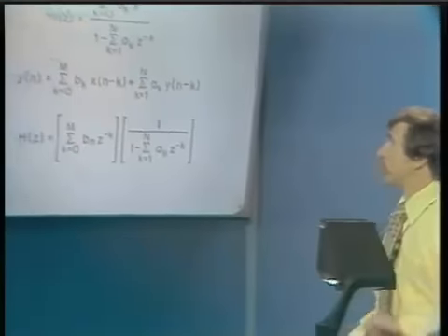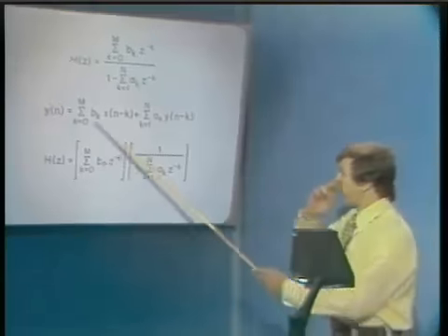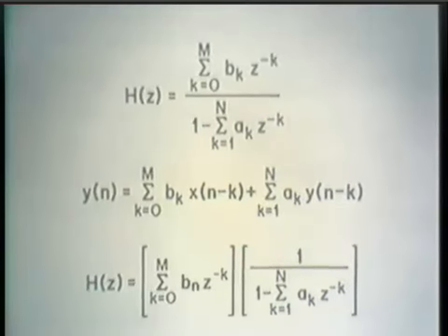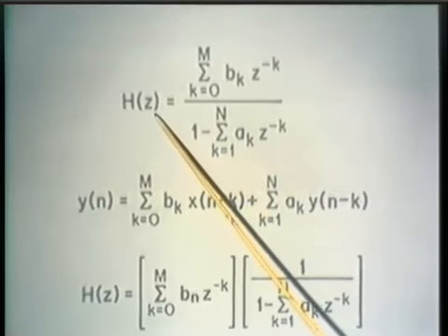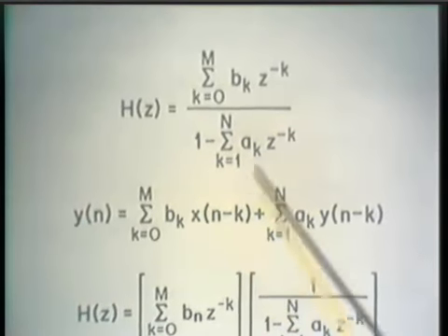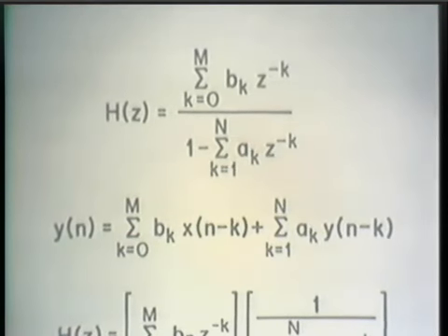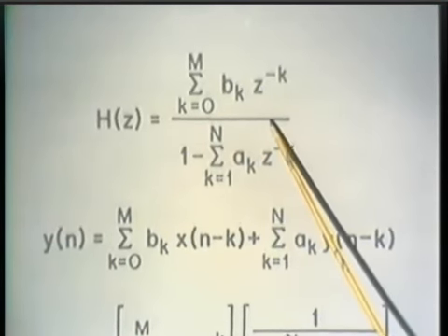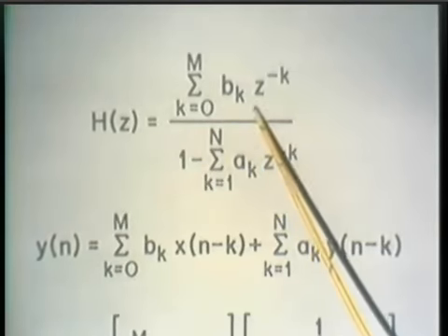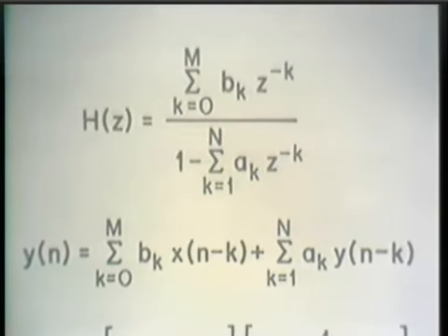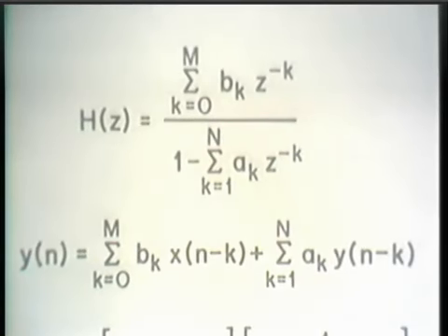To begin the discussion, let's consider the most general form, once again, for the transfer function of a digital filter, where we are assuming that the system function H(z) is a rational function in z to the minus 1. We recall from our previous discussions that a rational transfer function of this form corresponds to a linear constant coefficient difference equation.